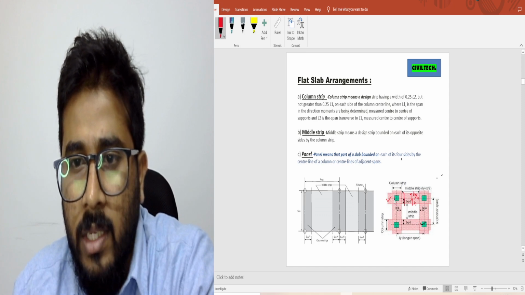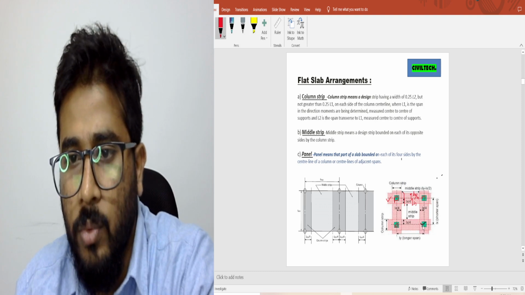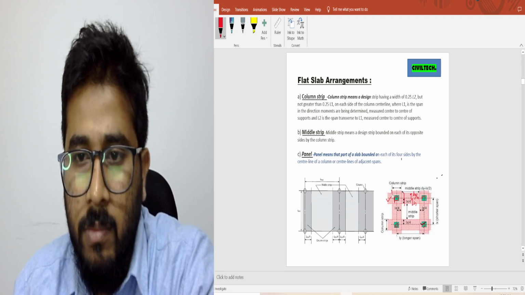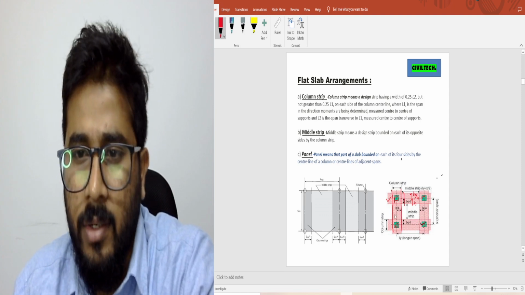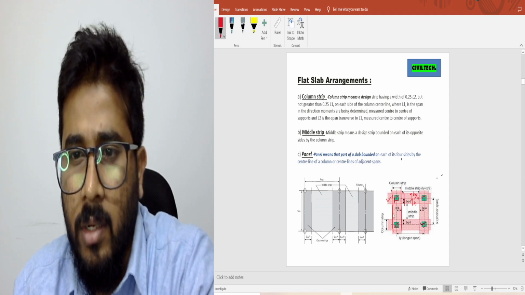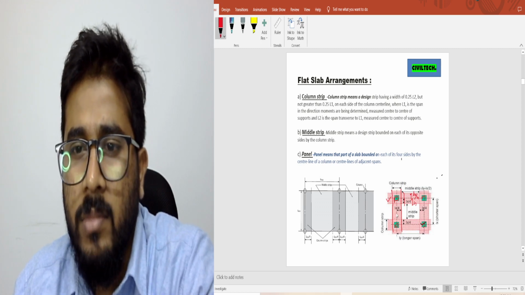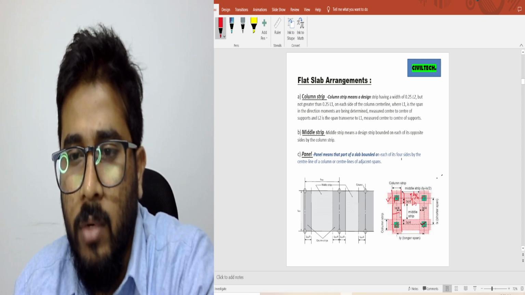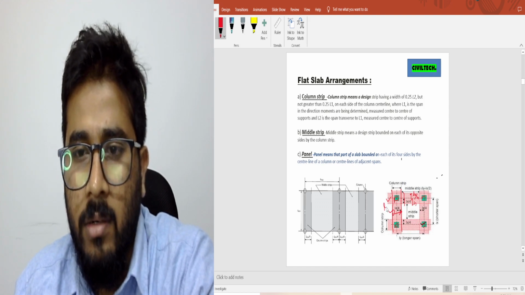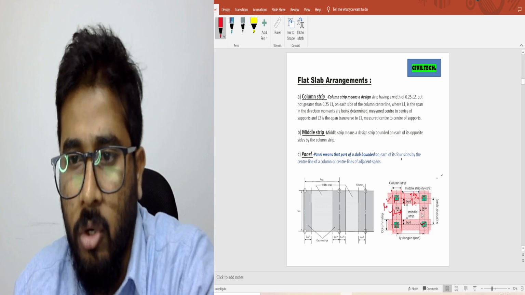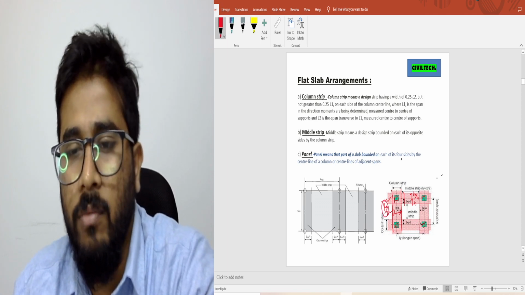Here there is one column, another column, and another, four columns in all. So the column strip is Lx by 4 on either side from the center of the column. The total width of the column strip, with Lx as my shorter span, is Lx by 2.